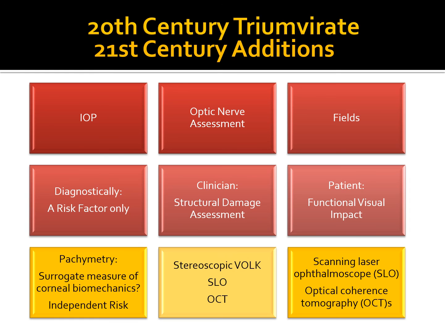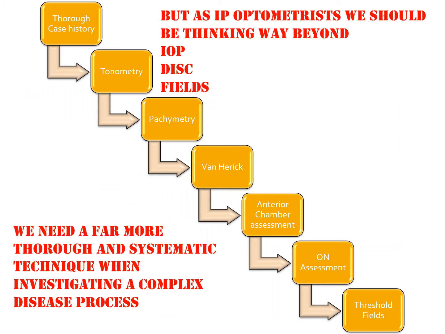But as independent prescribing optometrists, I want to suggest to you that if we're investigating glaucoma, we must not stick to that. We've got to be thorough and we've got to have a systematic technique for investigating an extremely complex disease process.